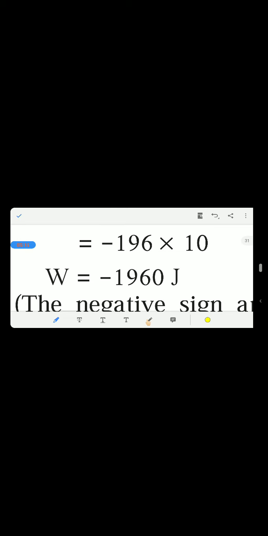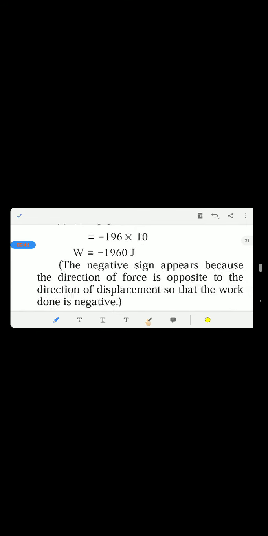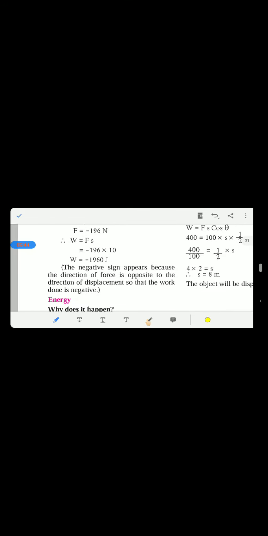Force value we have just found, minus 196 into 10 will be minus 1960 joule. Work is measured in joule. And in this case, the final answer also contains the negative sign, which indicates negative work has been done.